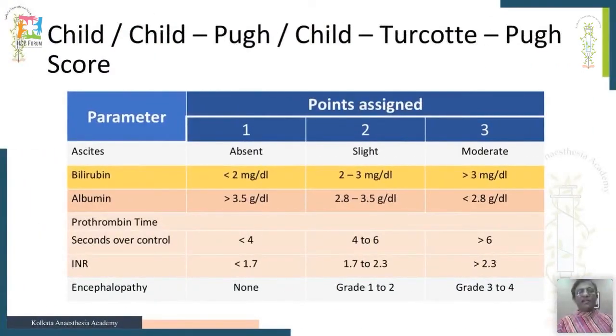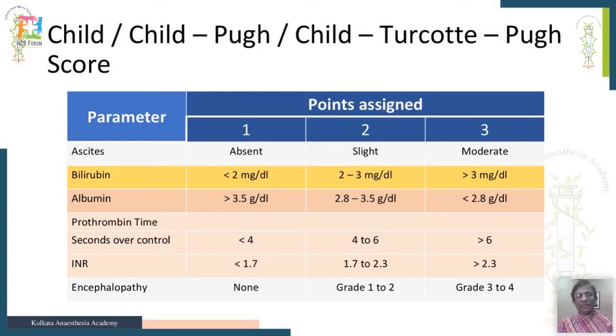You see the parameters are on the left hand side, and you give the points aside based upon what? I will not waste your time on this. Again, it's ascites: absent, slight, or moderate. Bilirubin and its levels, where you give what scores. Albumin, if it is above 3.5, they score 1. Less than 2.8, they score 3.